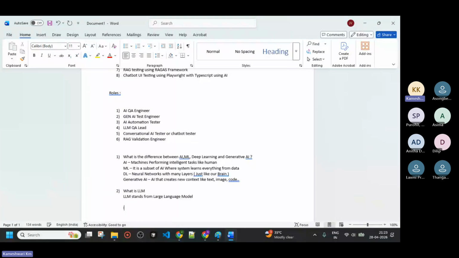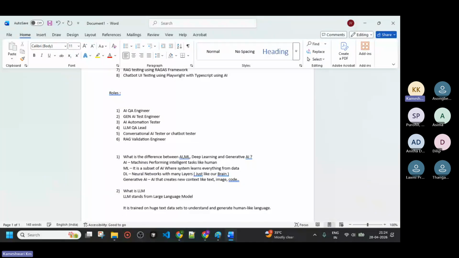It is trained on huge text datasets to understand and generate human-like language.